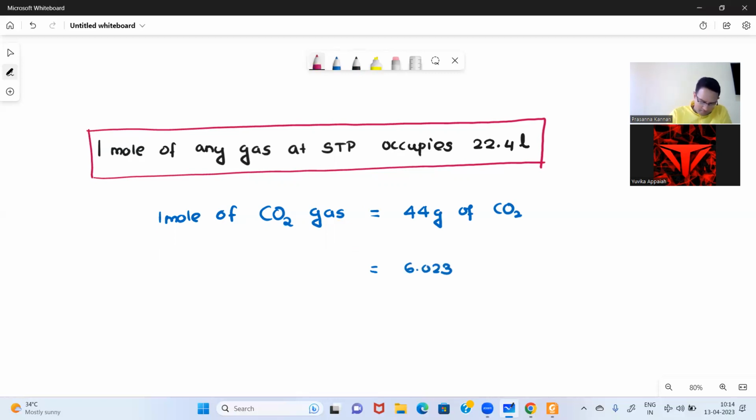Because it is 1 mole, how many molecules would be there? 6.023 into 10 to the power 23. 1 mole weighs 44 grams, and 1 mole contains Avogadro number of molecules.